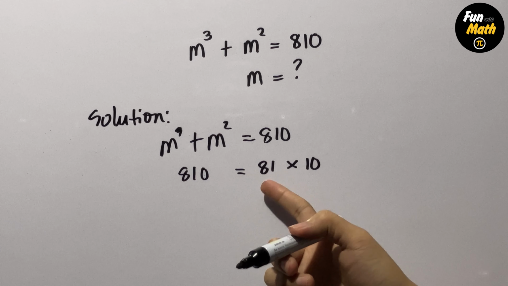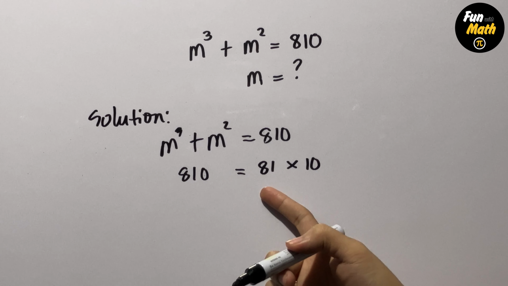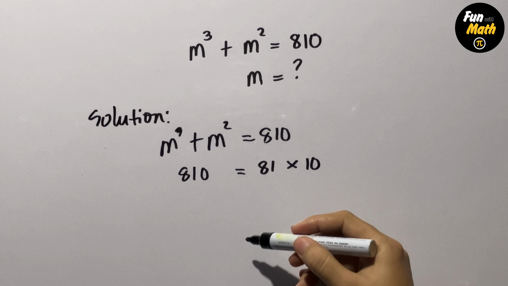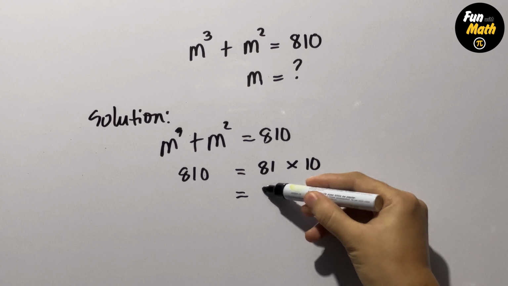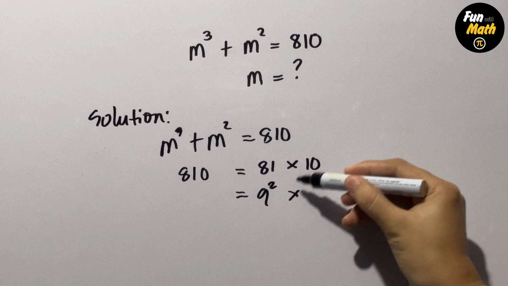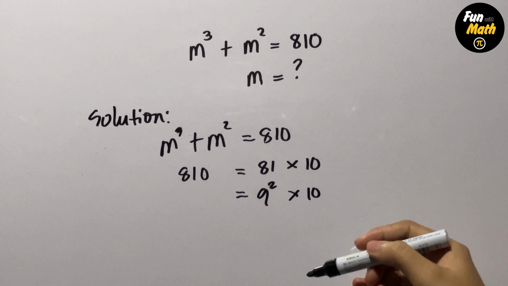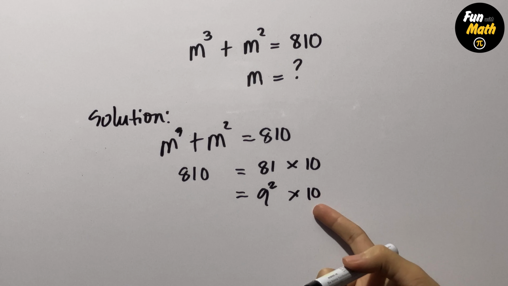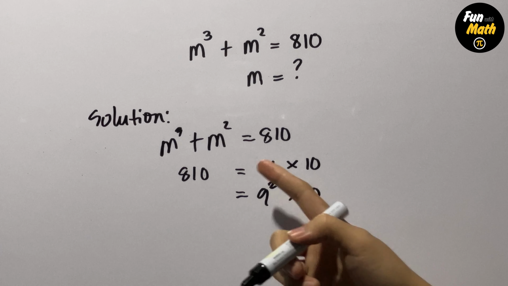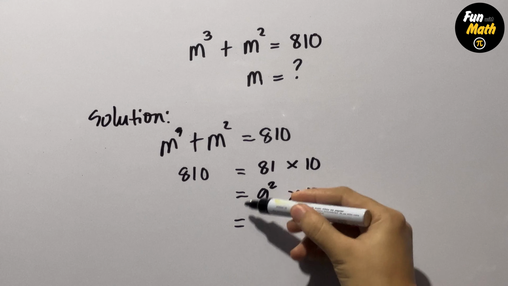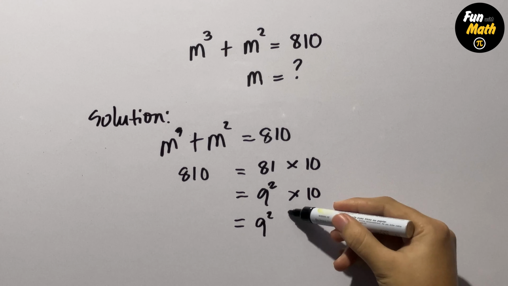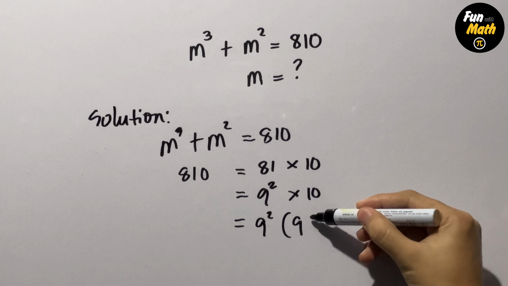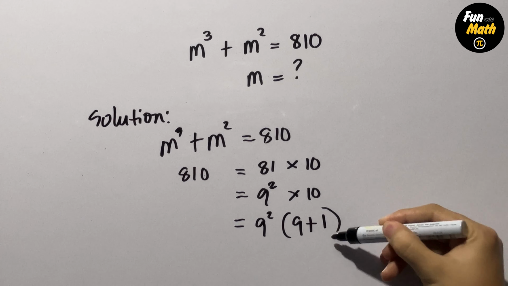Next, for 81, we can write this in power form, that is 9 squared, then times 10. Next, for 10, we can write it as 9 plus 1. So this is now equal to 9 squared times (9 plus 1).